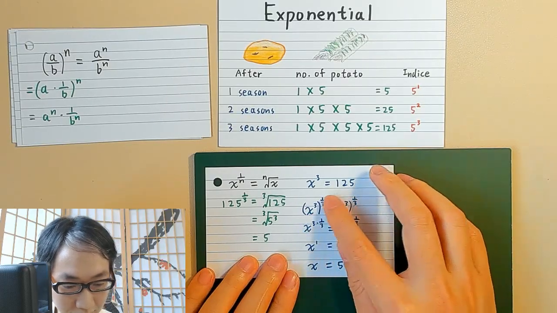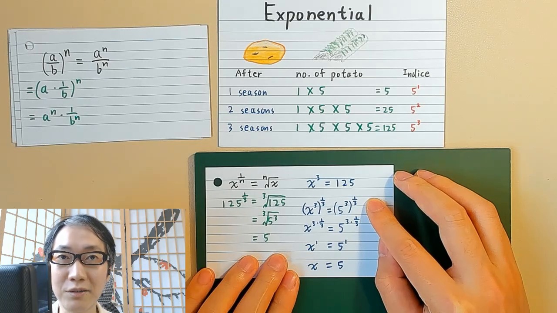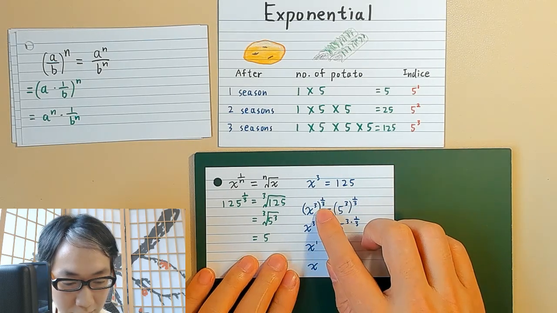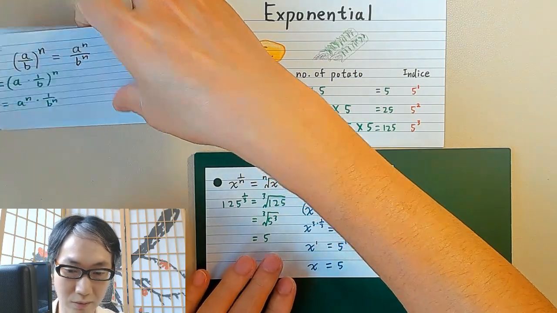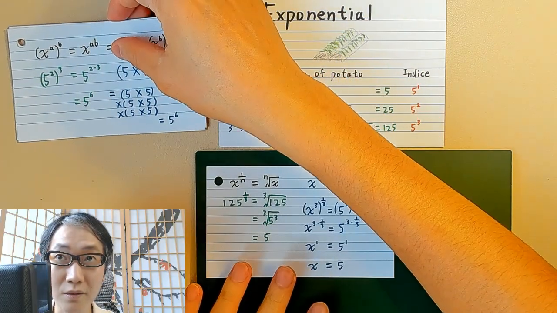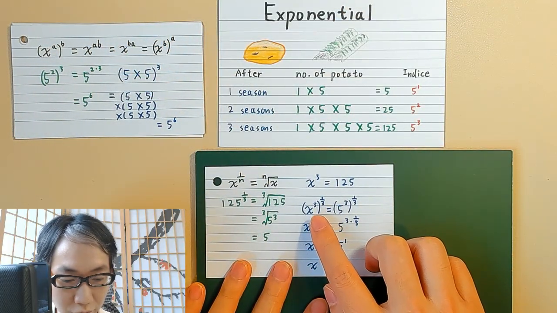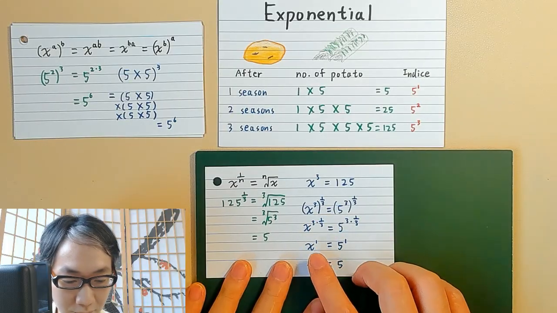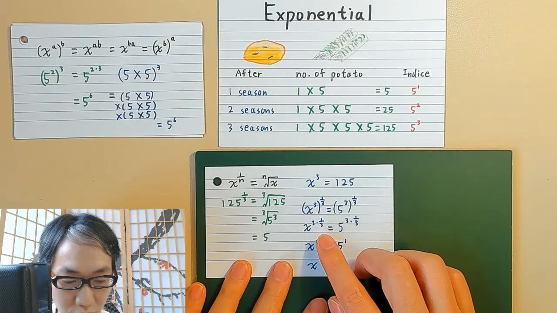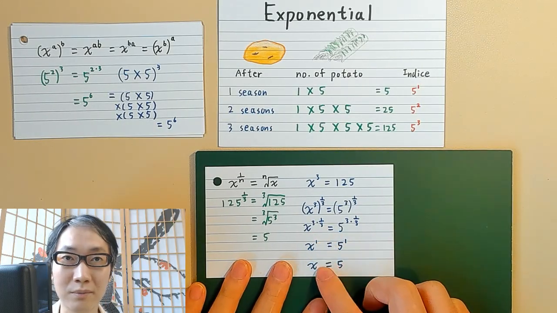So we did not disrupt the balance, and we can continue. Then we use the previous rule. So x to the power of 3 to the power of 1 over 3 is equal to x to the power of 3 times 1 over 3. And that will give us 1 in the power.